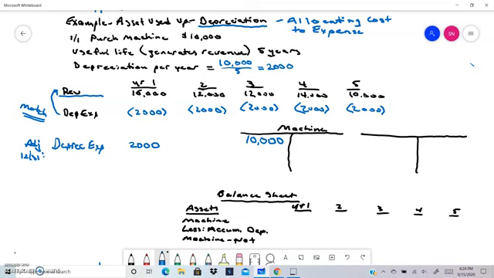The problem is that at some point, if we just looked at the balance sheet, we're not going to know what that machine originally cost, and we're not going to know how much was depreciated. So what we want to do is leave that original cost of the machine intact. So down below, here's our balance sheet each year.